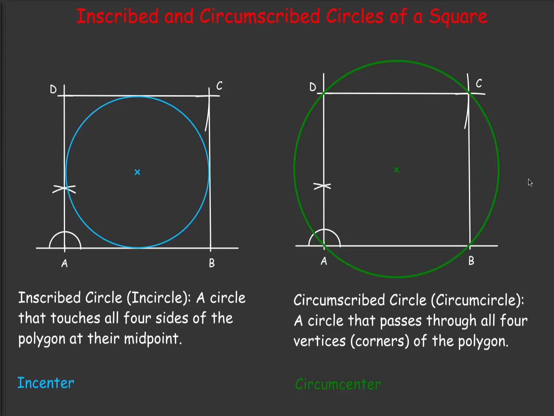The circle touches all these four vertices, and its center is what we call the circumcenter. The circle itself can be called the circumcircle, but for an inscribed circle, the center is the incenter, and the circle is called the incircle. Let's look at how we can construct these.